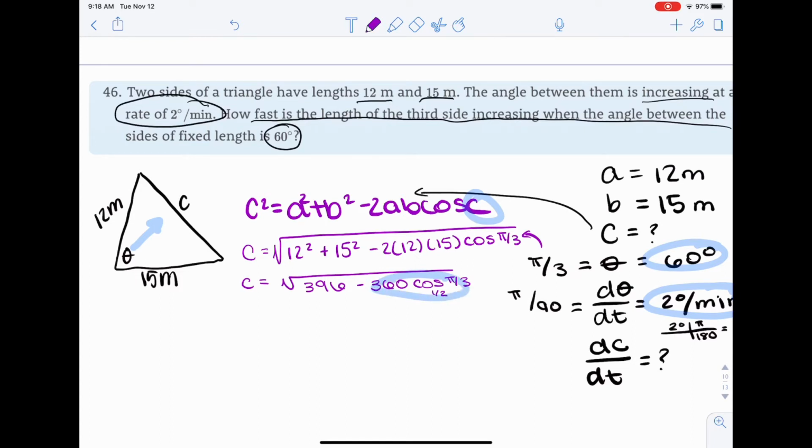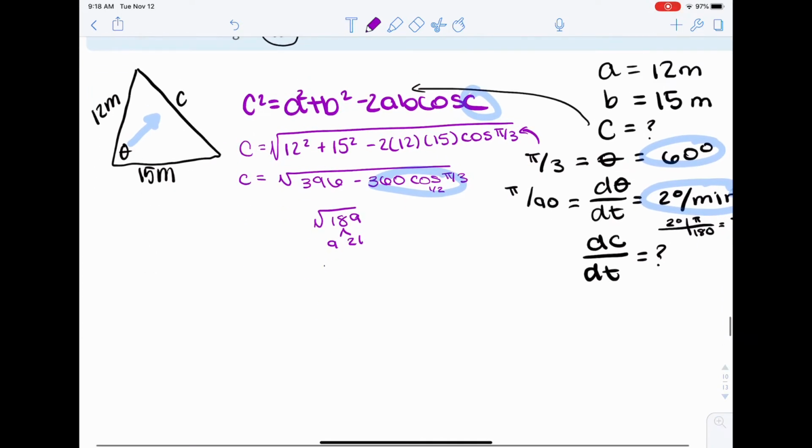So it's going to be 396 minus 180. That's going to be equal to 189. And we can split that up into 9 and 21. So it can also be equal to the square root of 189. All right, so that's C.